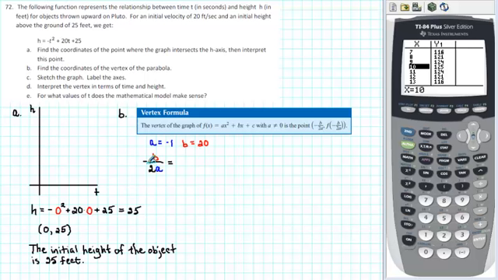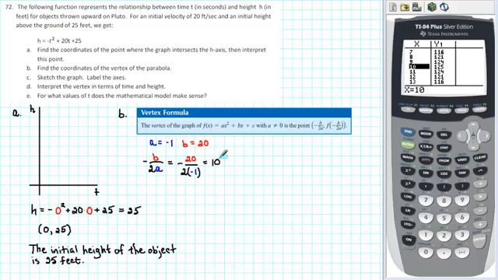Therefore, minus b over 2a is equal to minus 20 over 2 times negative 1. 2 times negative 1 is negative 2, and negative 2 goes into negative 20 10 times. So the t-coordinate of the vertex is 10.